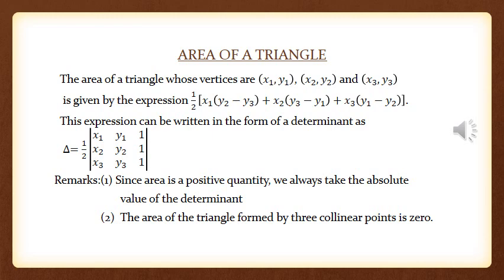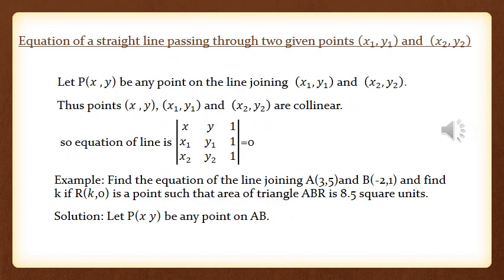To check whether 3 points are collinear, it's enough to check whether the area of the triangle is 0. If the area of the triangle is 0, we say the points are collinear. So one of the applications of determinants is finding the area of a triangle.